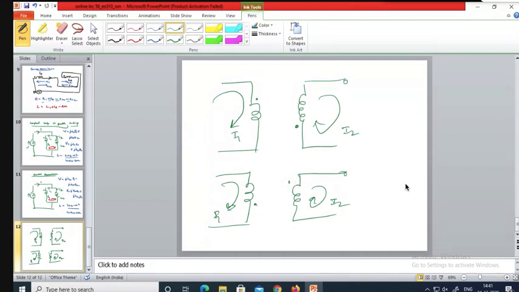As a result, again the mutually induced EMF will be in the same direction as the self-induced EMF. This is the first case. Next is where there are opposing EMFs.